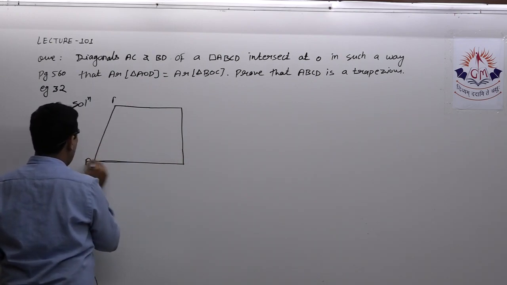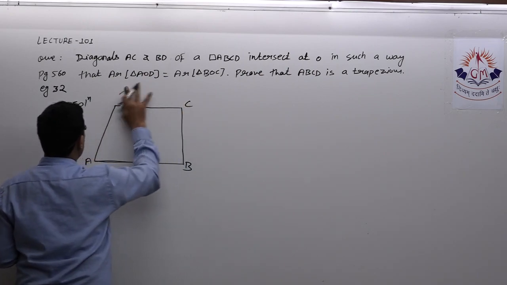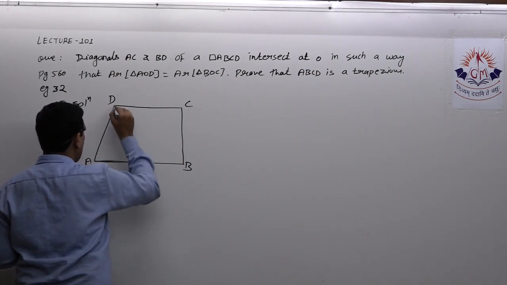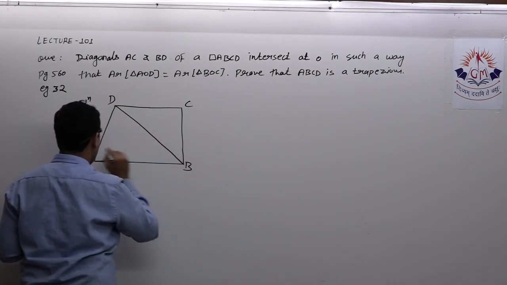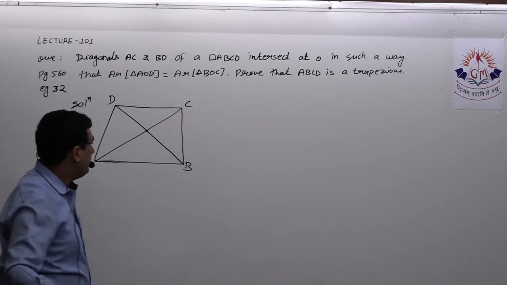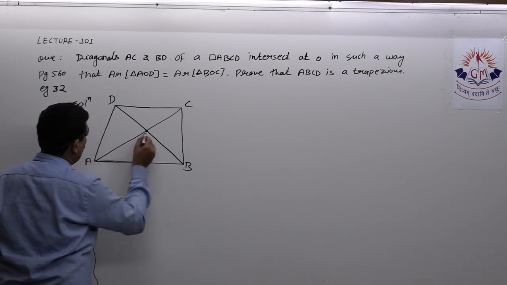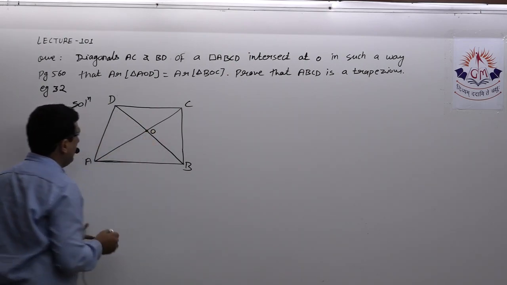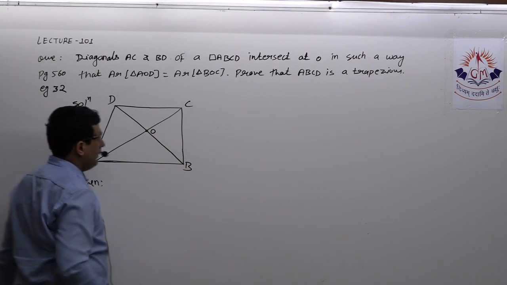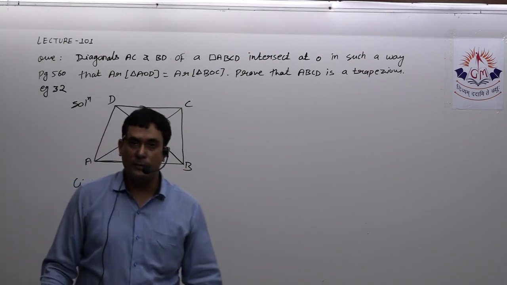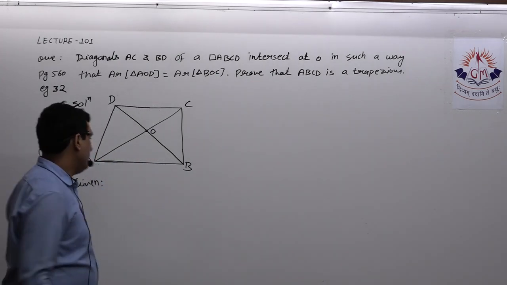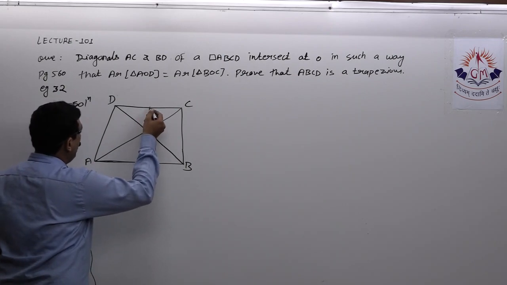A, B, C, D. AC and BD meet at O. It is given that diagonals are meeting at point O in such a way that area of triangle AOD and area of triangle BOC are equal. So we have to prove this is a trapezium. Now to prove a quadrilateral is a trapezium, it is sufficient to prove one pair of its opposite sides is parallel. So here we will try to prove AB parallel CD.